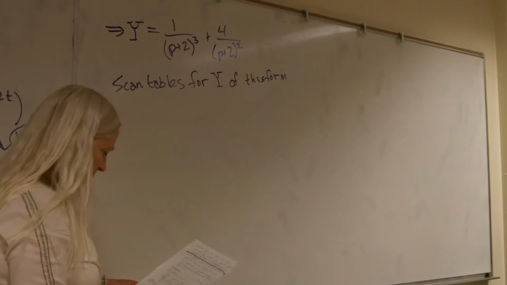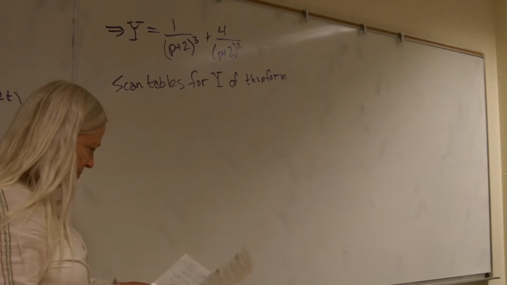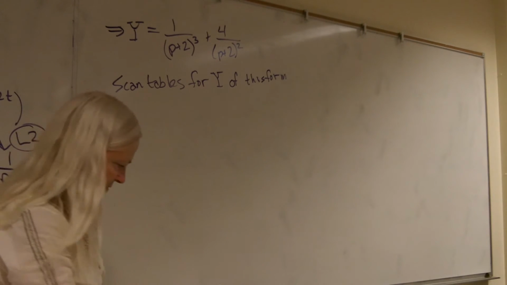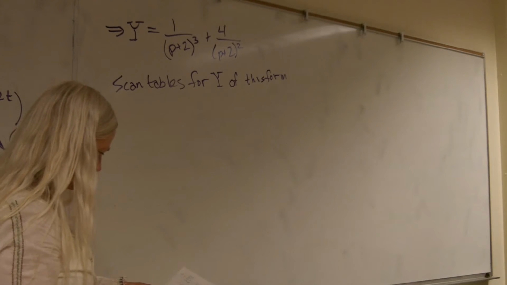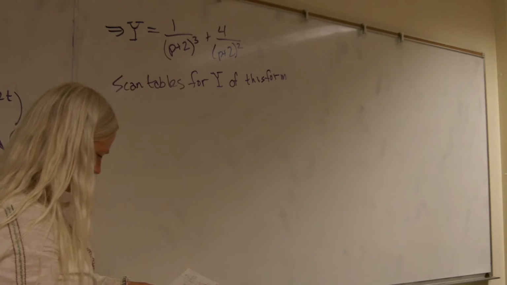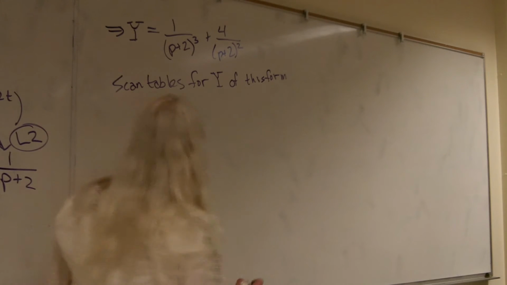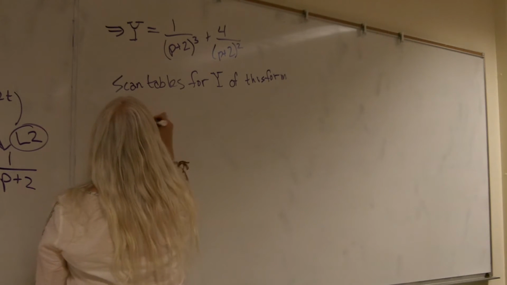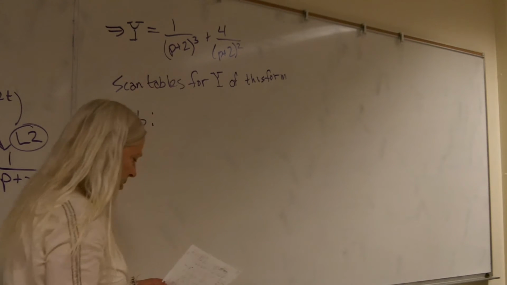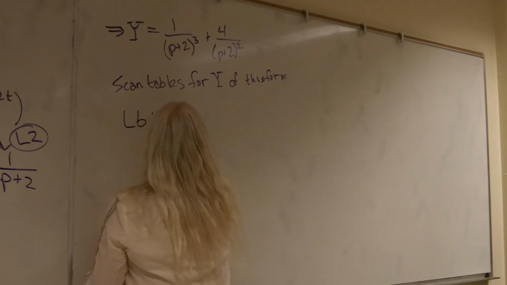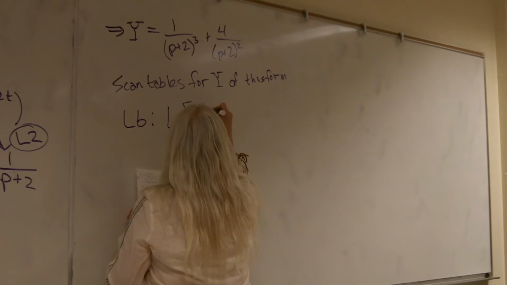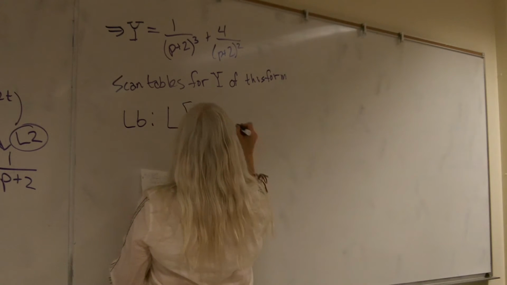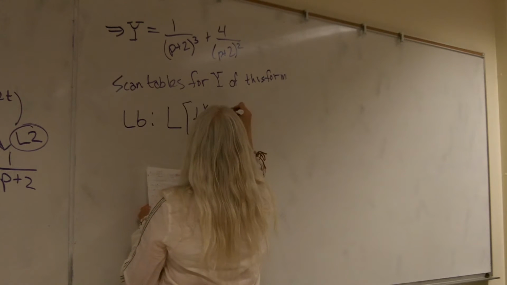Well, you might see a couple things in the table that might be sort of suggestive. L6 in the table says that the Laplace transform of t to the power k times e to the minus at.